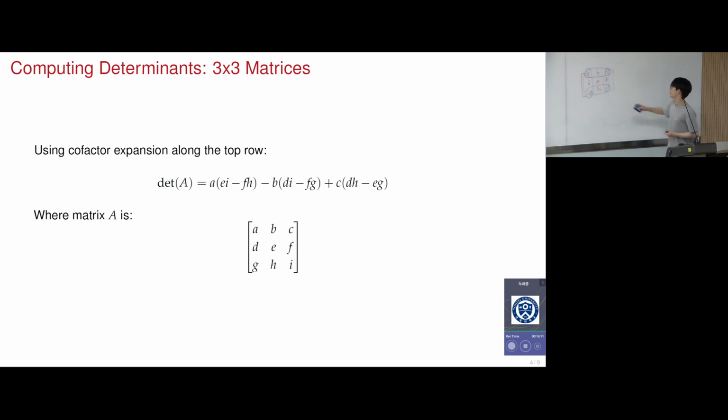Let me just write it again. So we have A, B, C, D, E, F, G, H, I. Basically we're going to start on the top row, so we'll focus on the ABC row, right?